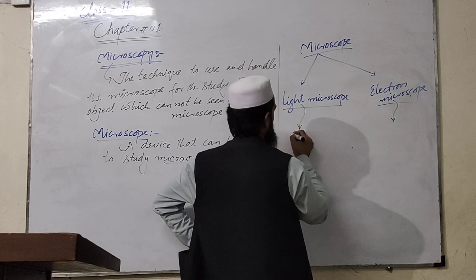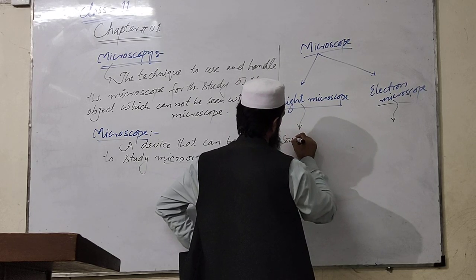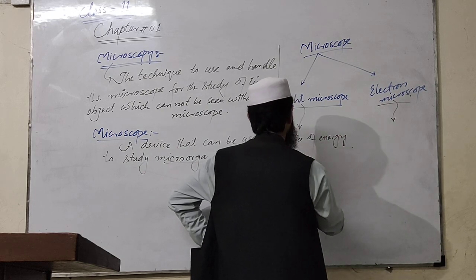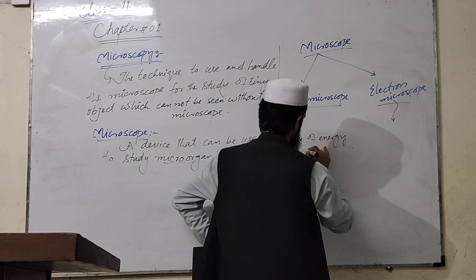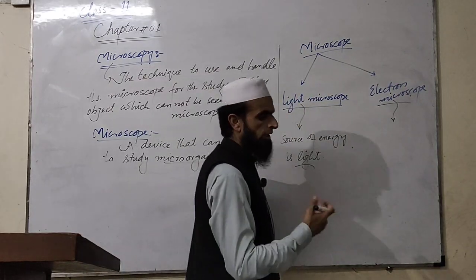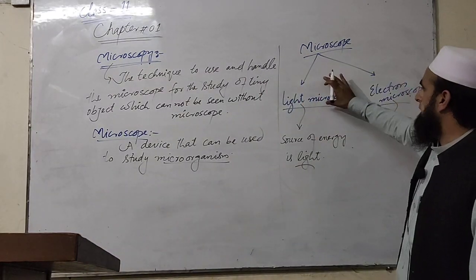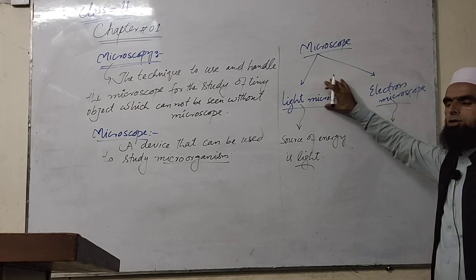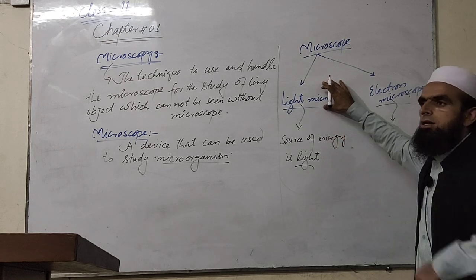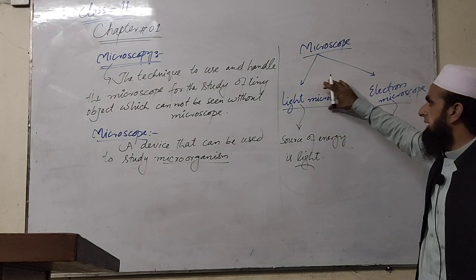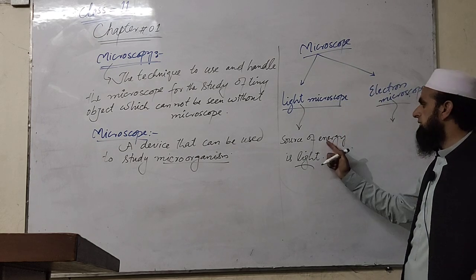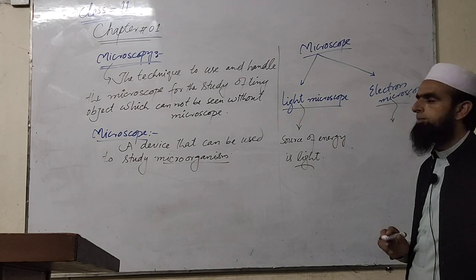In the light microscope, the source of energy is light, therefore it is called a light microscope. Usually we use this light microscope mostly in our laboratories in schools and colleges. The microscopes available in common schools and colleges are light microscopes, because we use light as a source of energy in that kind of microscope.